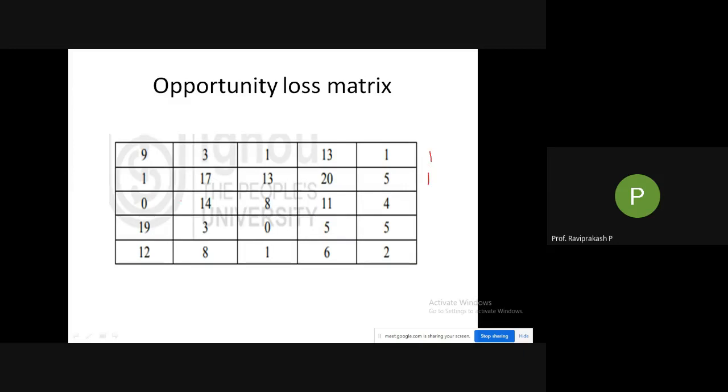Reduction: 1, 1, 0, 0, 1. This is the row minimum.